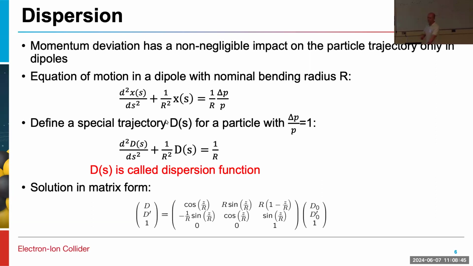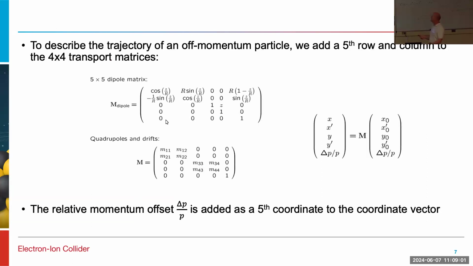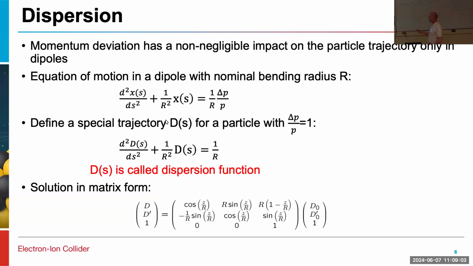It's very simple. You go through a dipole and you don't have the design momentum. So if your momentum is larger than your design momentum, then your dipole deflects you less than it should. And if it's smaller, then it gets deflected more.